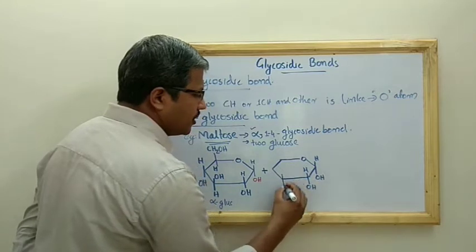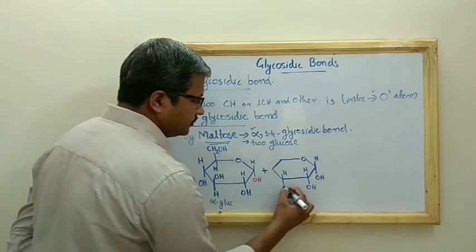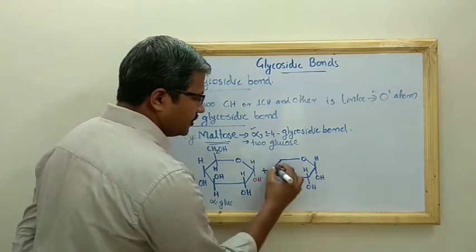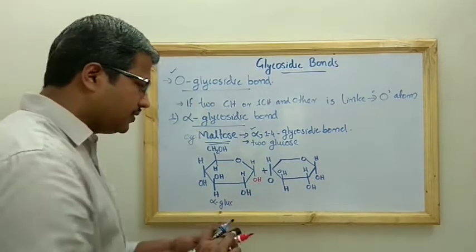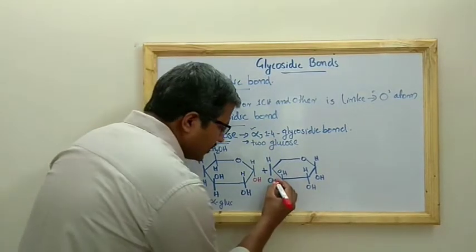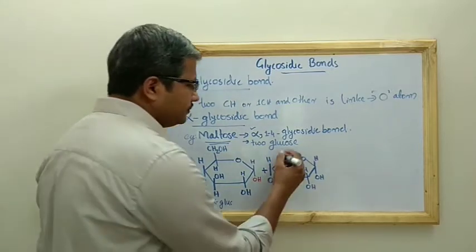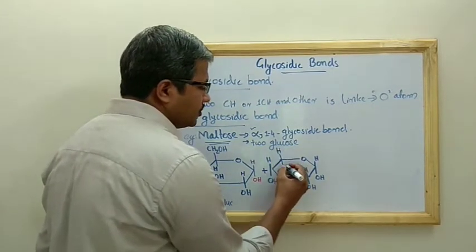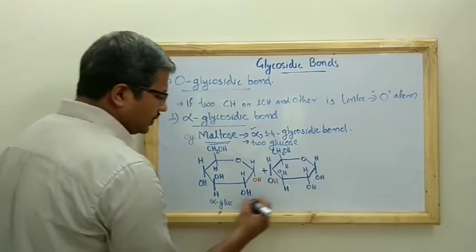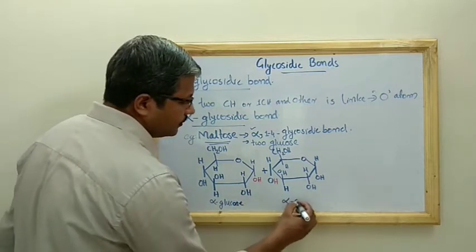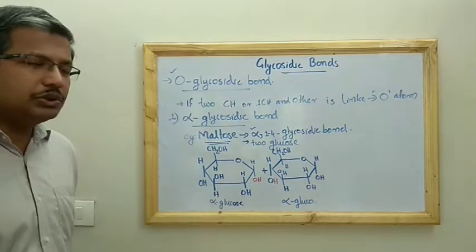HOH, H, this is OH, then H, O. I'm just using hydrogen in red so that we will understand when water is released. HCH2OH, H. So this is also another alpha glucose. So this is alpha glucose and this one is also alpha glucose.